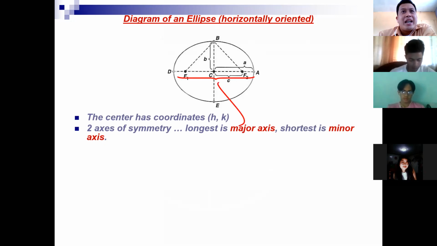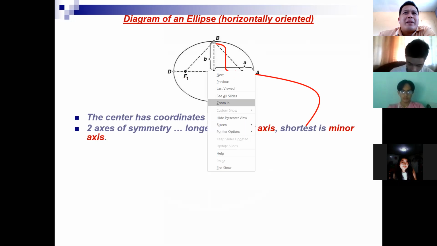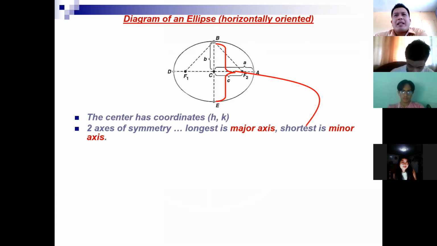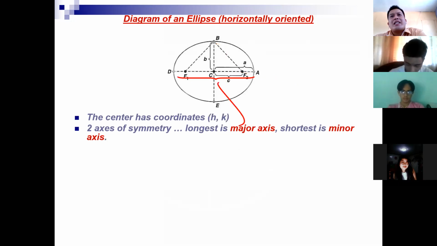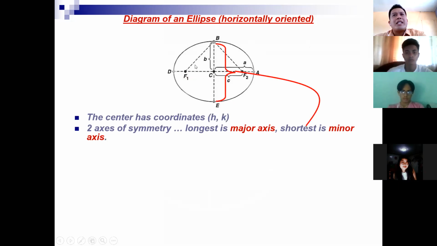The major axis is there. That's the major axis. The distance of A to D. Whereas the minor axis is the distance of B to E. Okay? Going back, this is the major axis, the distance between A to D. And this is the minor axis, the distance between B to E. Okay?